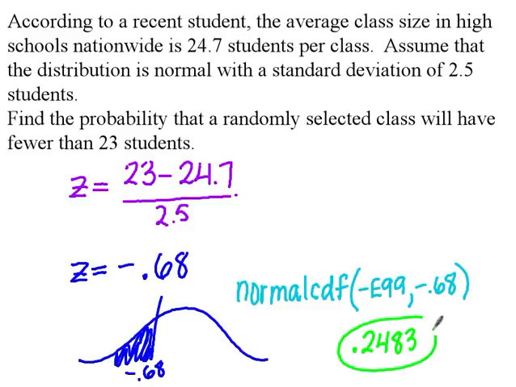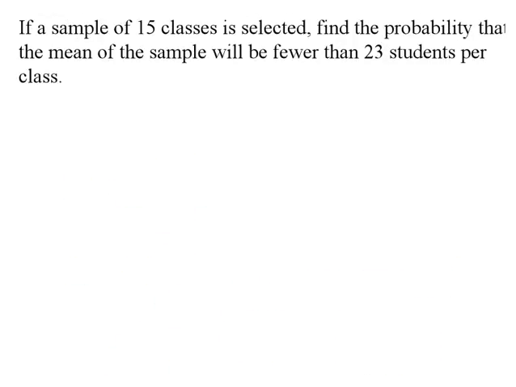Alrighty, let's look at the next question then, because we actually have another question that's a takeoff of this one. If a sample of 15 classes is selected, find the probability that the mean of the sample will be fewer than 23 students per class. So in this case, you've got to do your z-value again. Okay, I've got my 23 students. I'm going to subtract it off of the mean. Does anybody remember what the mean was in the problem? 24.7.